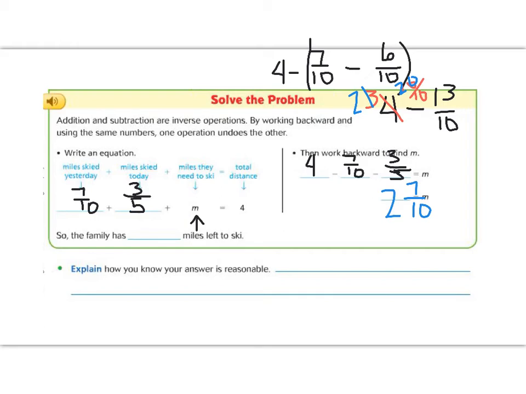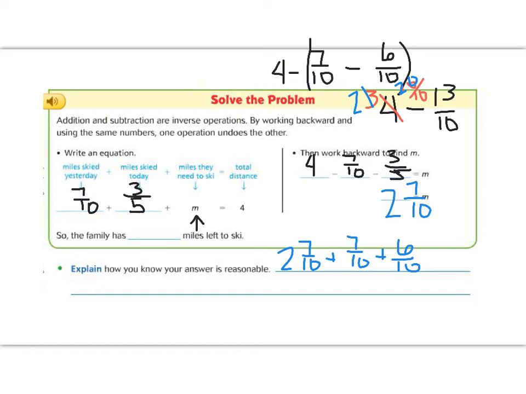So let's decide if our answer is reasonable or not. And let's add to do that. So if we have 2 7/10 plus 7/10 plus 6/10, let's see if it gets us to a total of 4.